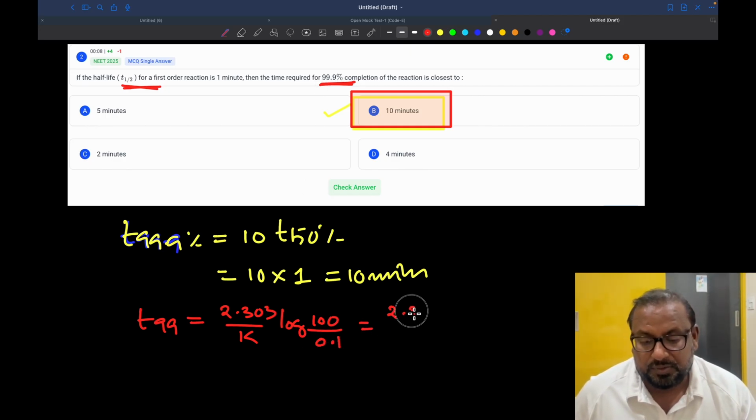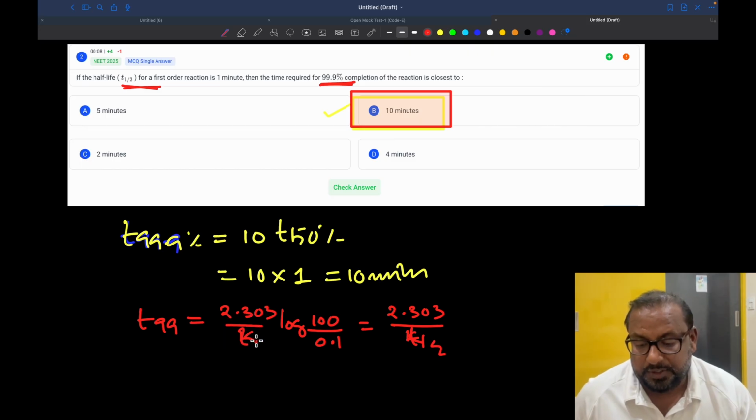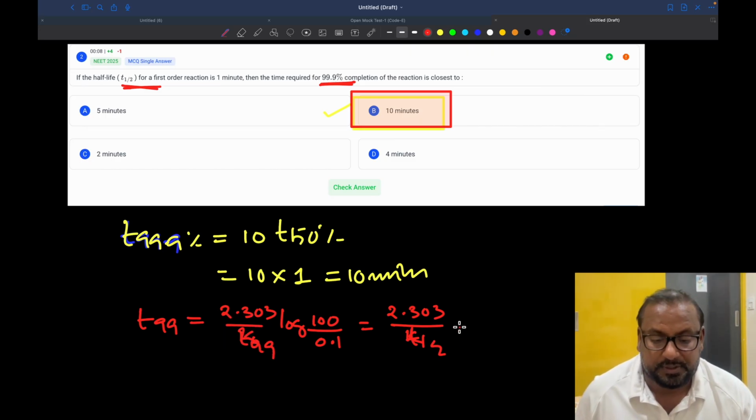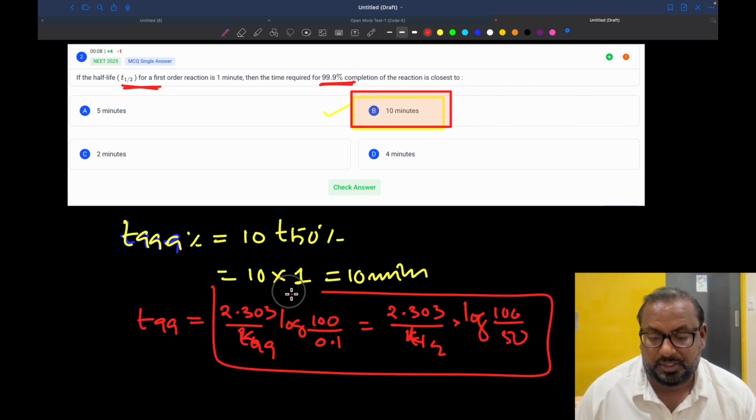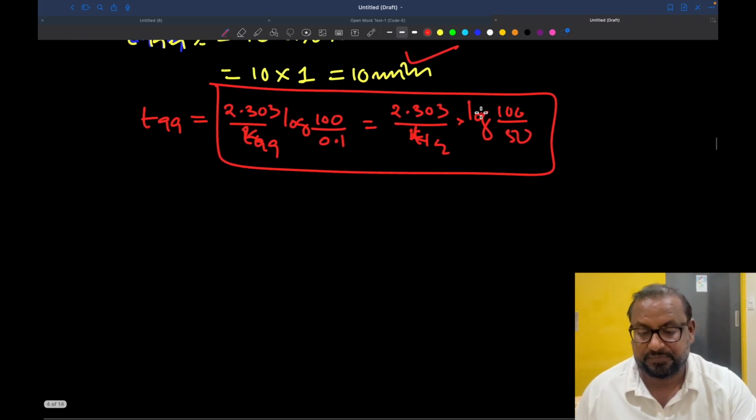Similarly, t half equals 2.303 over k into log 100 by 50. From this also you can establish the relation and calculate the answer as 10 minutes.